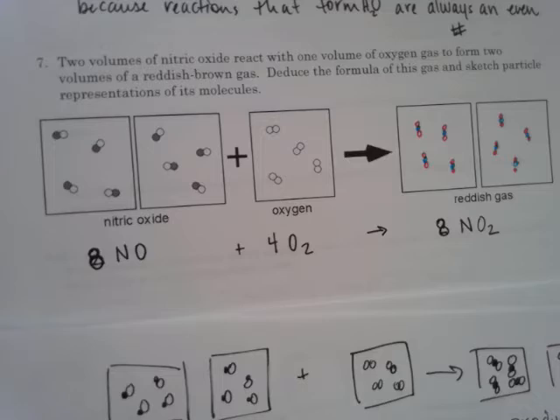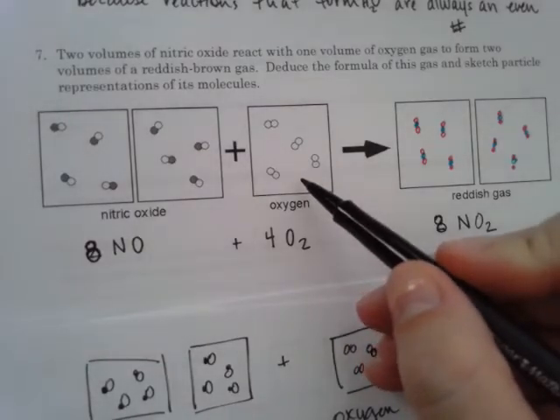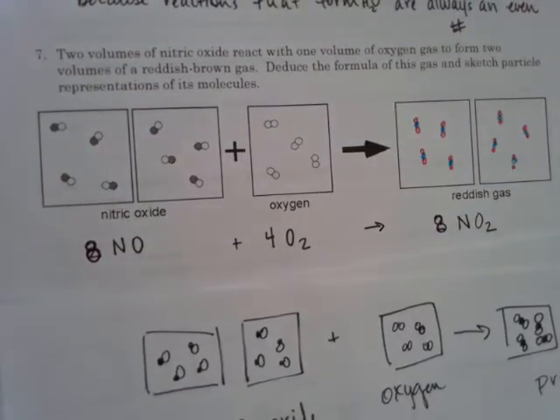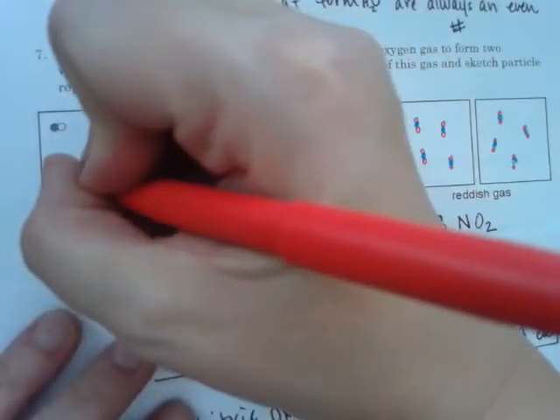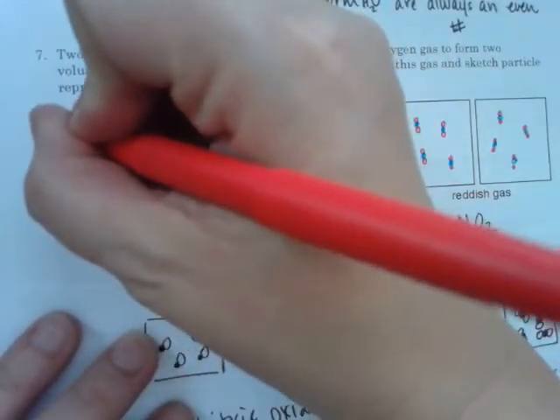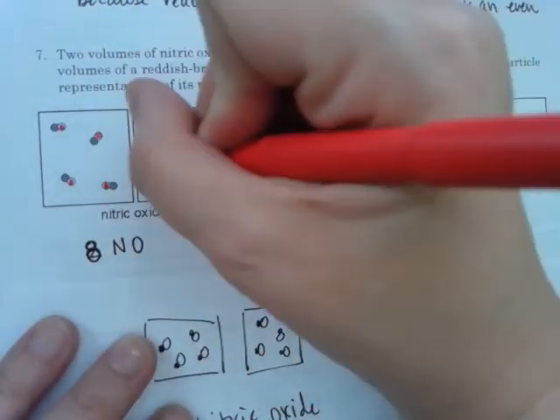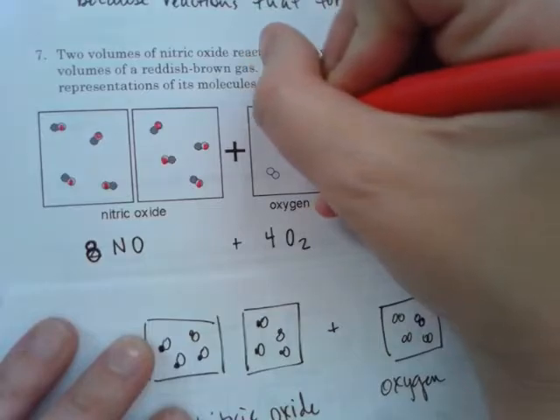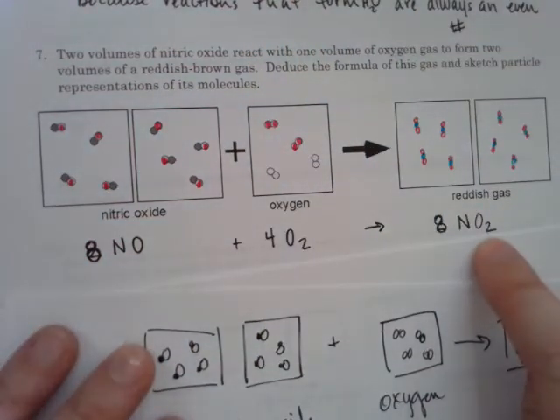Why is it only 2 oxygen in the reddish gas? Because isn't there like a 1 kind of next to this NO? Like, isn't there a subscript 1? I'm not sure what you mean. I don't understand why it's only 2 oxygen at the end and not 3.